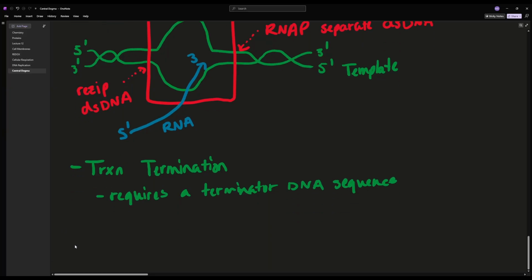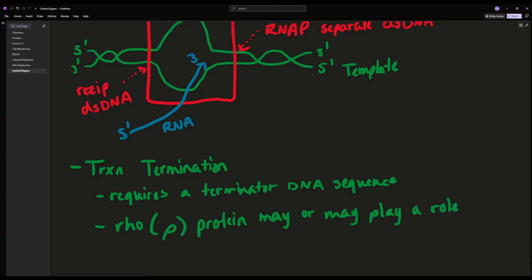And then this might have the help of proteins. In bacteria, it is the Rho protein, which is spelled out like that. And it's like a P-looking thingy. I can't draw the Rho. It looks like that. Rho protein may or may not play a role.